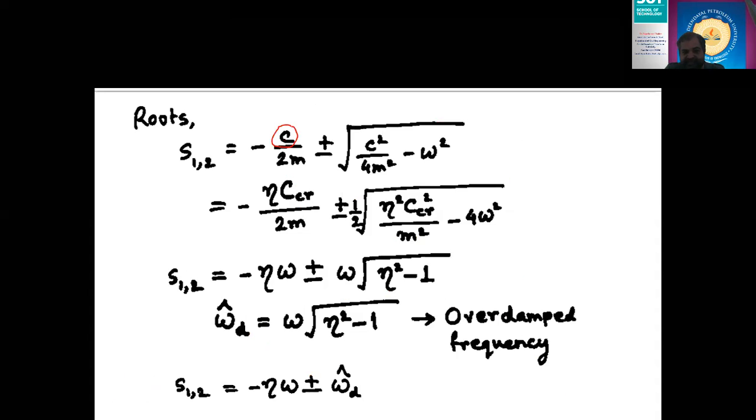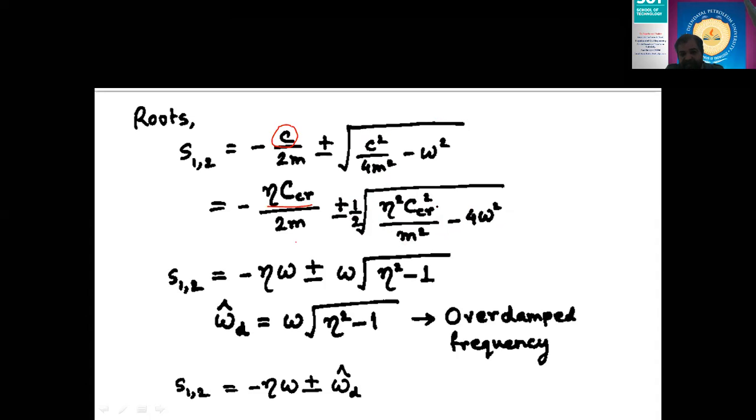So you can see this C I am replacing with eta into CCR divided by 2m plus or minus the root of eta square CCR square by 4m square minus omega square. Just replace C with eta into CCR, right?